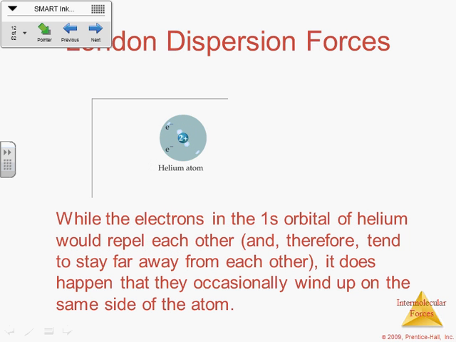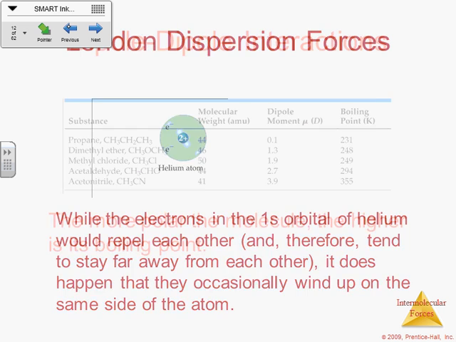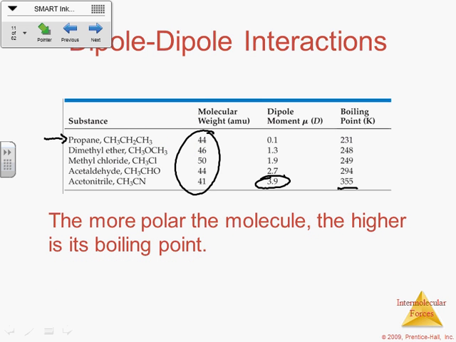Okay, London dispersion forces. Now we talked about this a little bit last year. Just want to make sure you understand why. This is sometimes called an instantaneous dipole. Now, the dipole-dipole interactions we just talked about come from molecules that permanently have poles on them because of the way that they share their electrons.